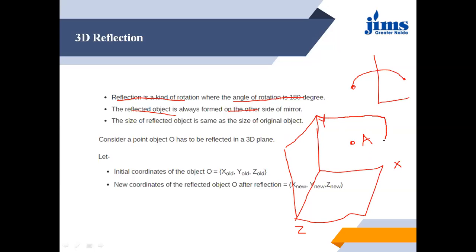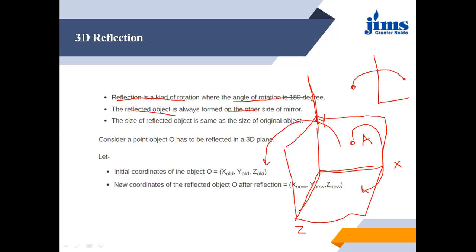So now this object will reflect with respect to a plane, that is YZ. If we reflect it in this direction, and if we reflect it in this direction, then it will be reflected with respect to the X and Z plane.